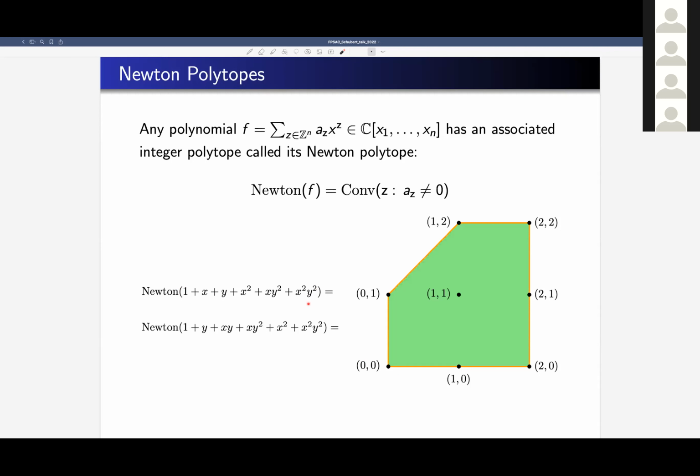In this case, it's a 2 variable polynomial, and plot the exponents in space of the terms with non-zero coefficient and take their convex hull. So the Newton polytope is the smallest convex polytope containing the support, but it doesn't determine the support necessarily, as we see here, right? These points are not part of the support, but yet they are in the Newton polytope.